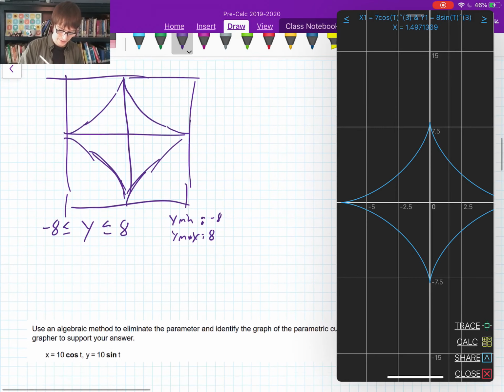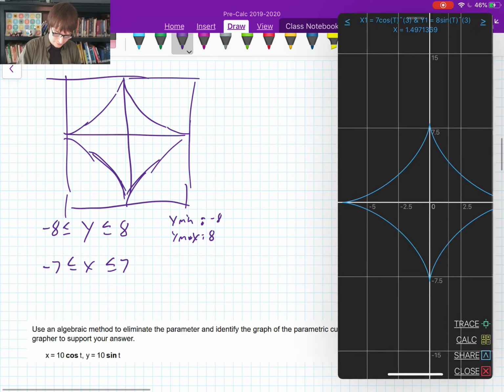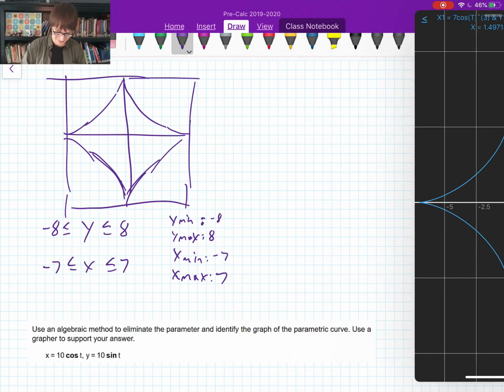And then for x, we'd say -7 is less than or equal to x, which is less than or equal to 7. Or x min is -7, and x max is 7. And that's it. That's really all there is to that problem. It's pretty straightforward, and I'm glad it is. The next one.